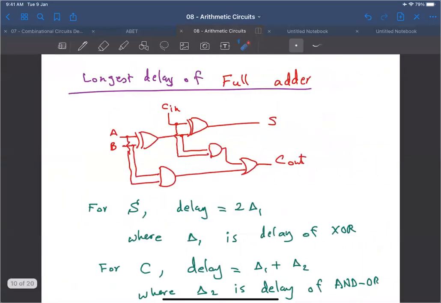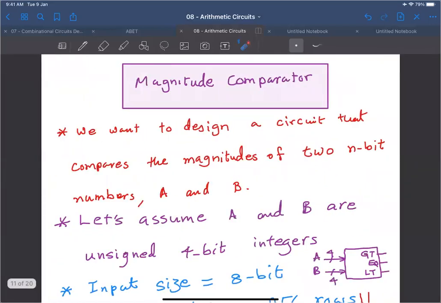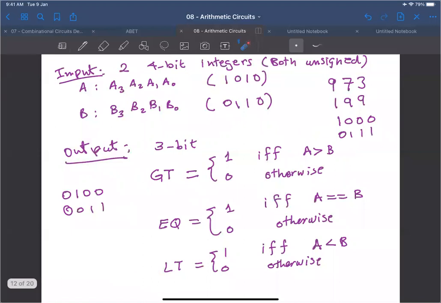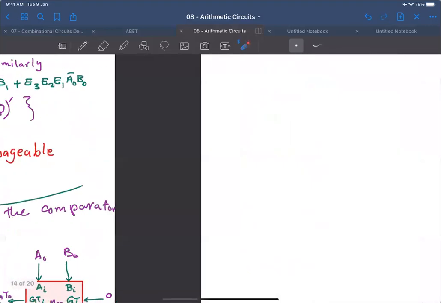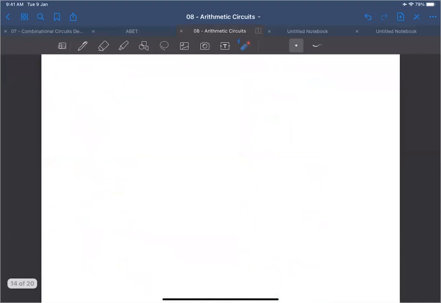So now we are going to do the same for a magnitude comparator. We are going to design a bit comparator and then cascade it so that it becomes an n-bit comparator. Let me just illustrate what I want to do.